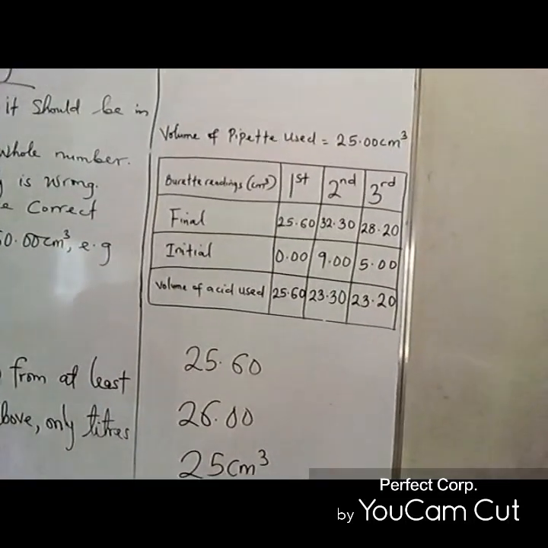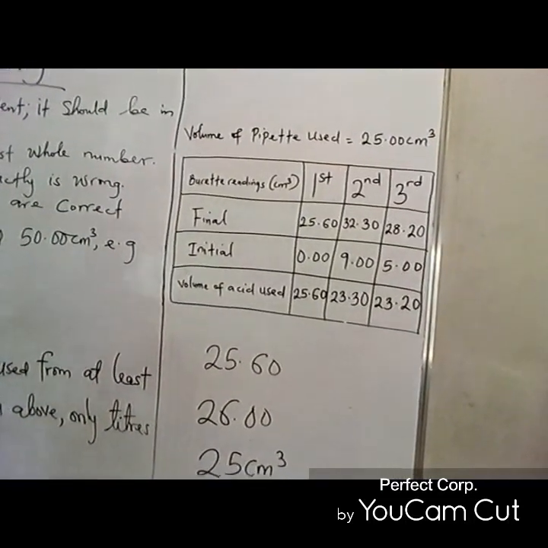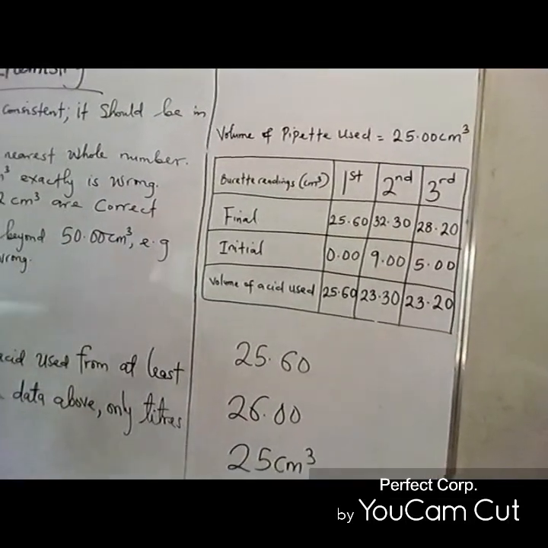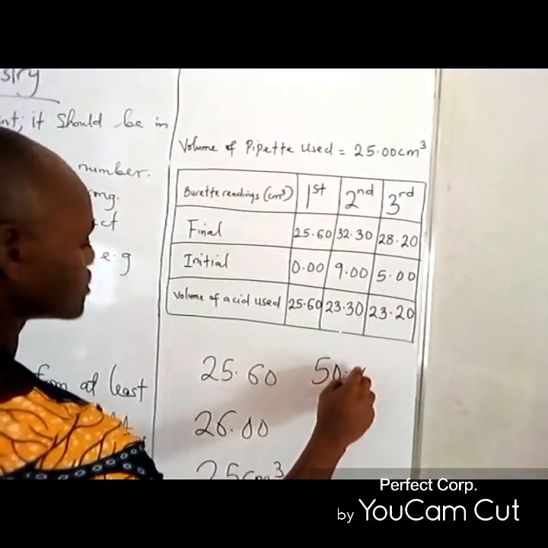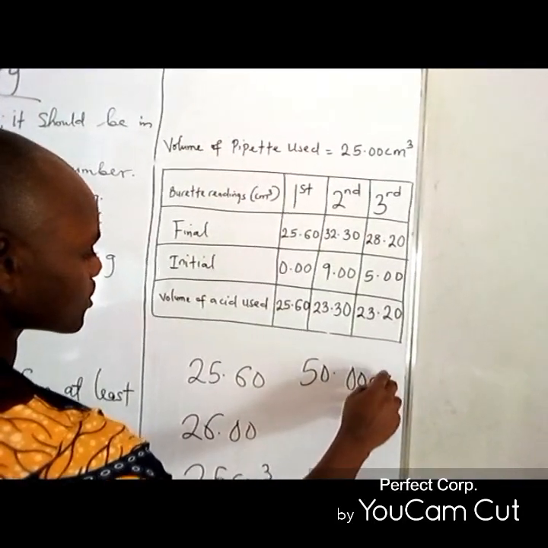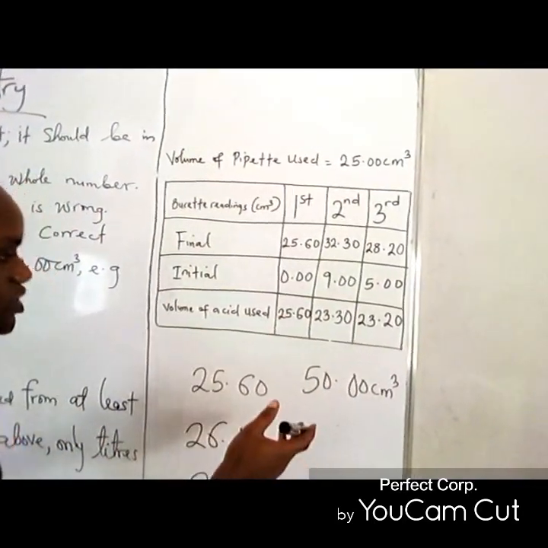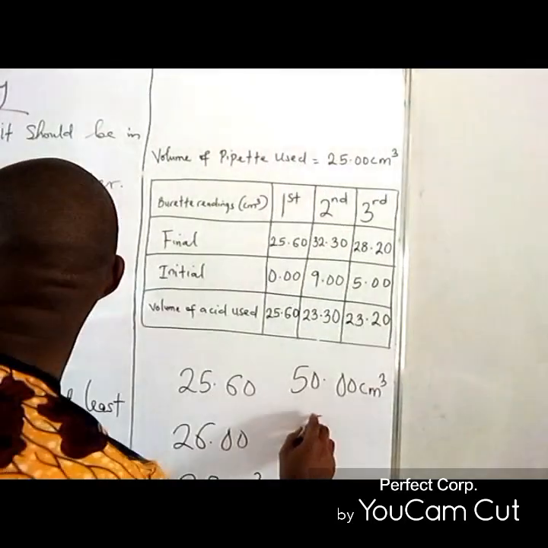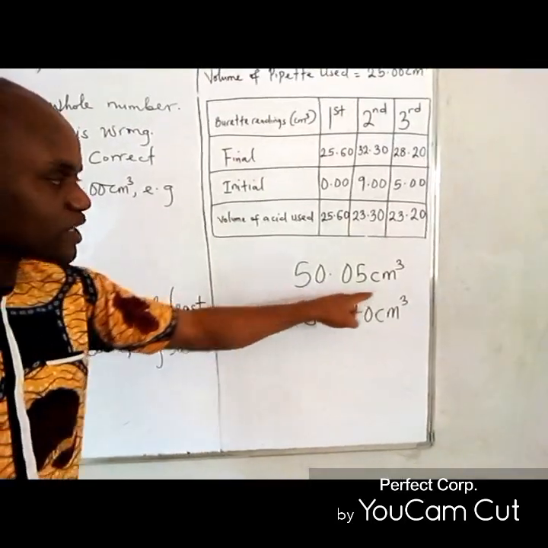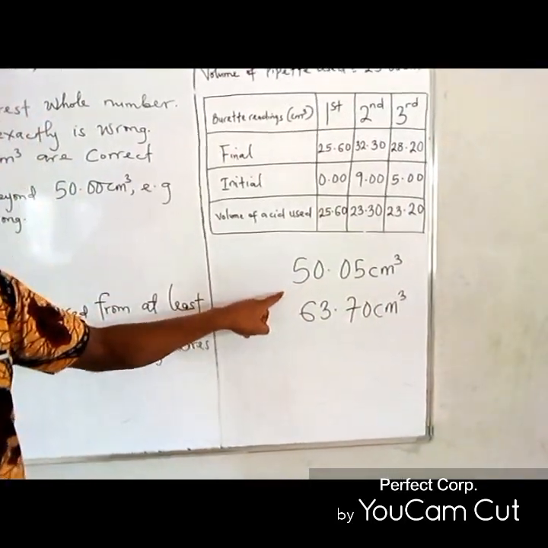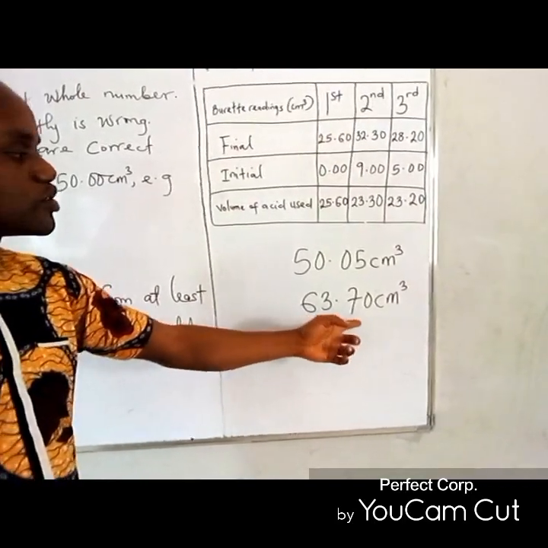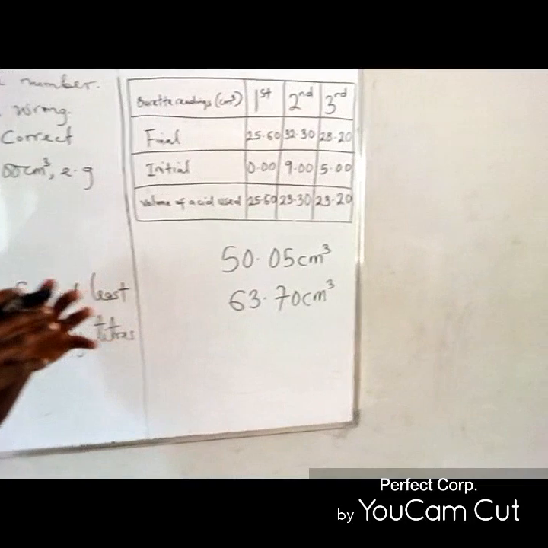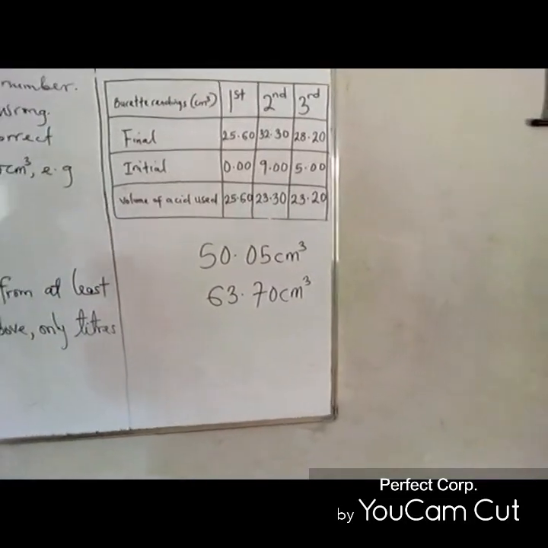After carrying out the titration, if the burette reading is beyond 50.00 cubic centimeter, take note, if it is beyond, it's wrong. If you have something like 63.70 cubic centimeter, that is after you are through titrating.